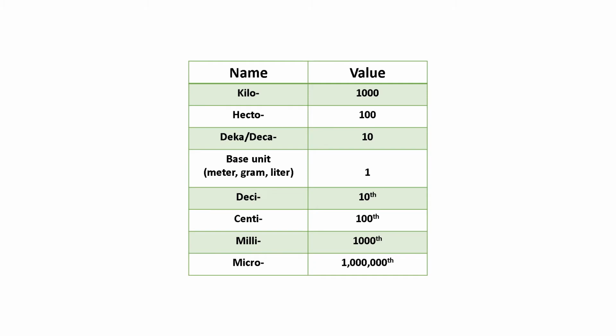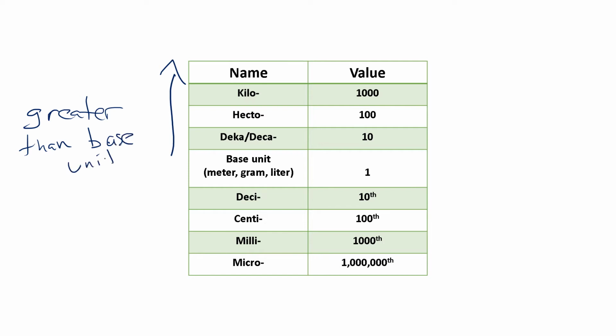So these prefixes, like I said, denote the value that we've moved away from our base unit. In our little table here, anything above our base unit, kilo, hecto, or deca, this is greater than our base unit. A kilometer is worth more than a meter.